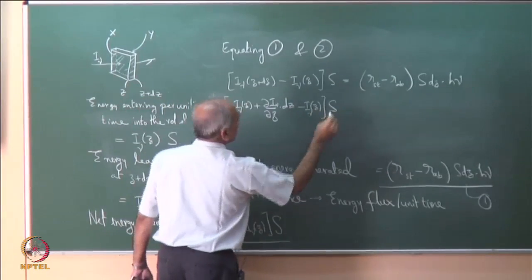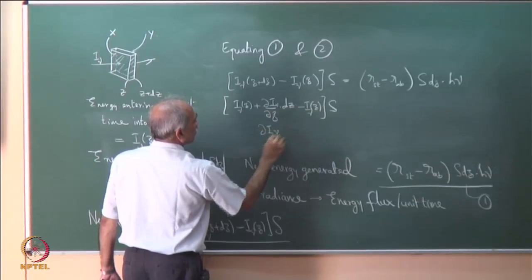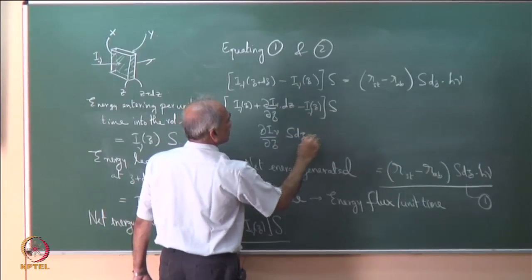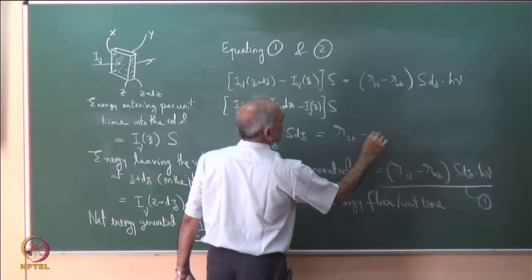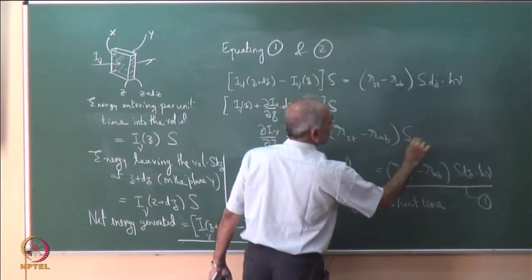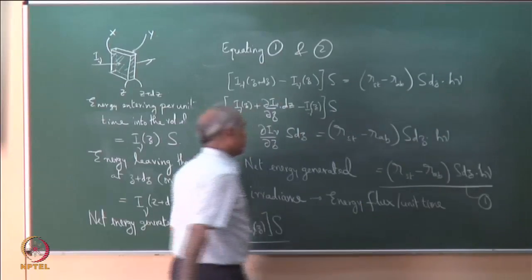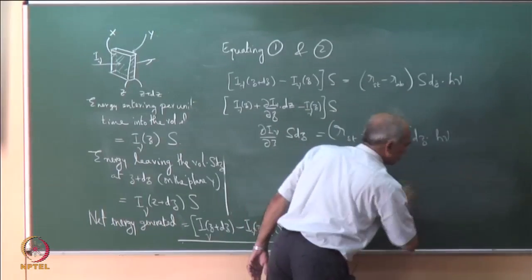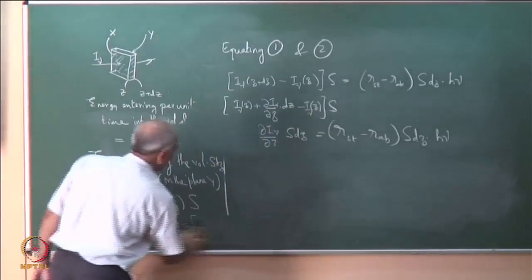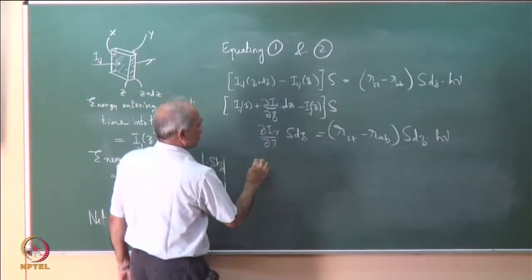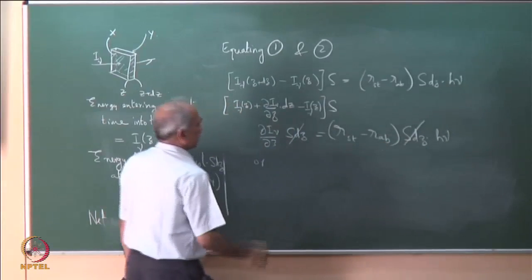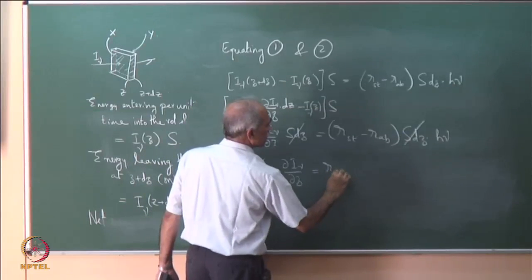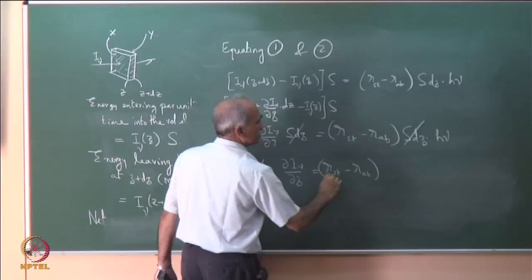So, this is equal to del I nu by del z into S dz. So, this goes off, and we have del I nu by del z is equal to R S T minus R A B into h nu.